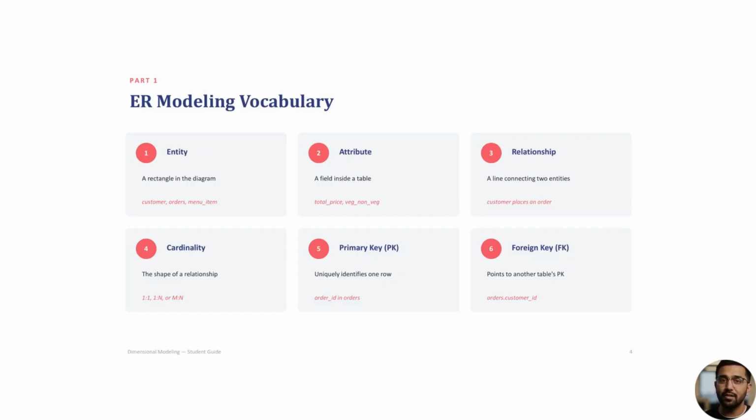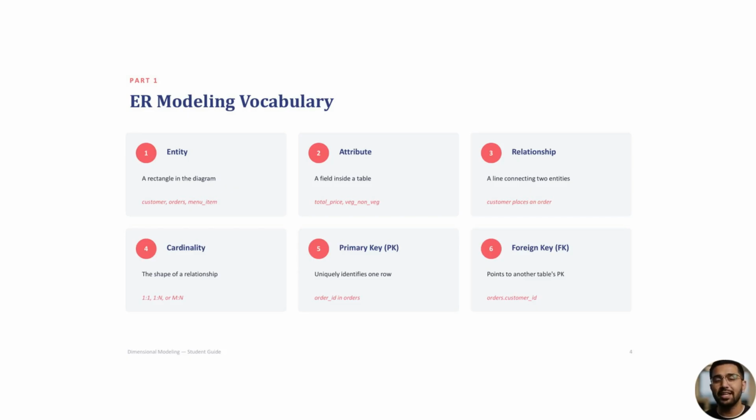In this section, we'll explore key concepts of entity relationship modeling vocabulary. First, an entity is represented as a rectangle in the diagram, such as customer, orders, or menu item. Attributes are fields within a table, like total price or veg/non-veg.